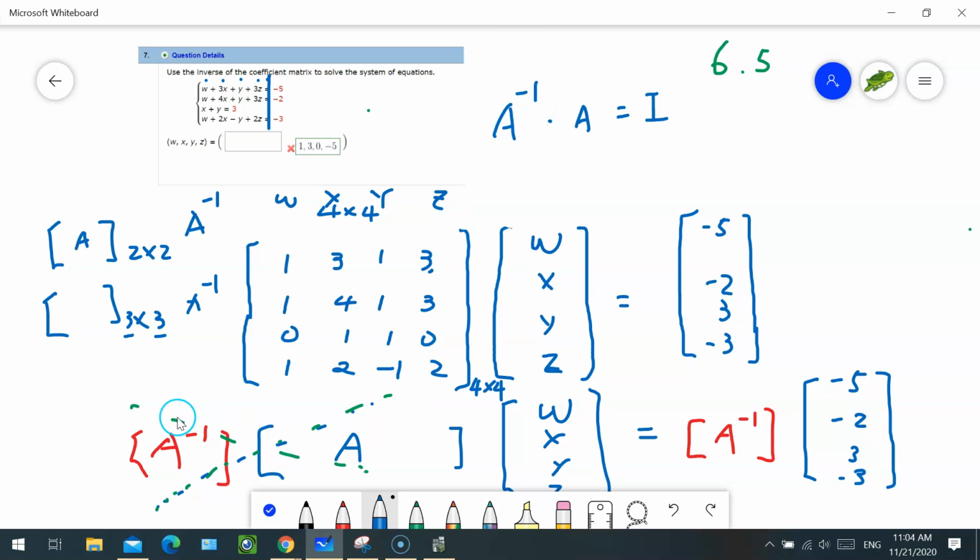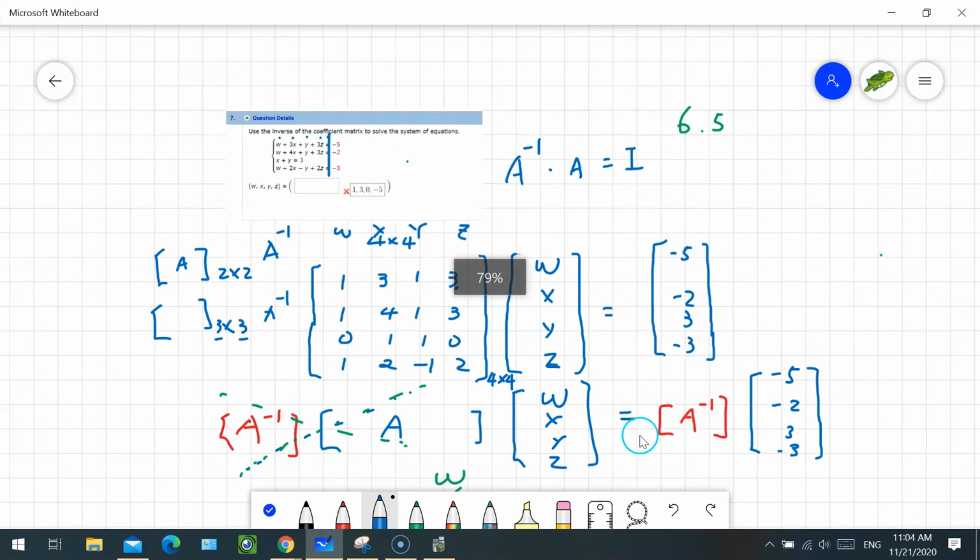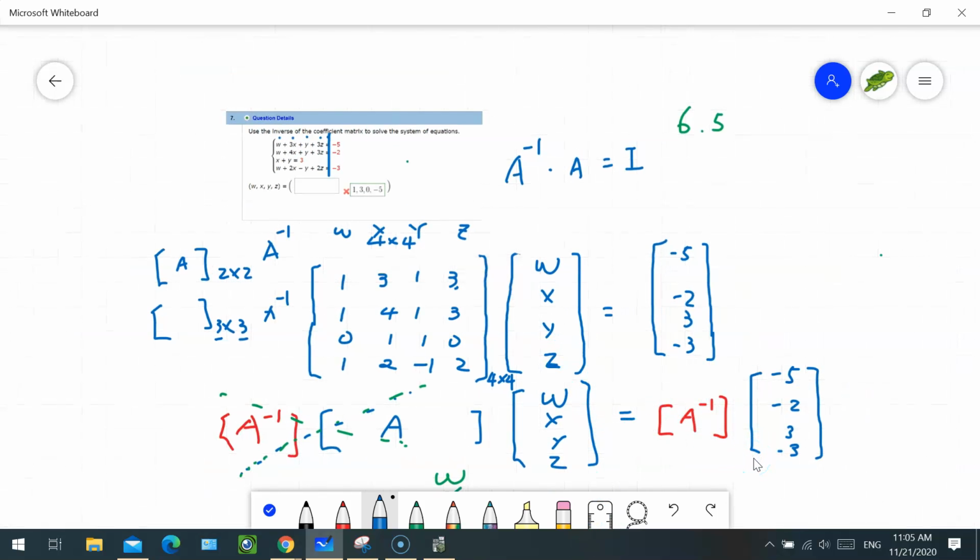So as long as I find the inverse of the matrix A, multiplied with the matrix itself, these two will reduce. And then on the right-hand side of the equation, you multiply by the inverse of that matrix as well. So the inverse of the matrix always stays in the front. It doesn't matter which side it is, it always stays in the front.